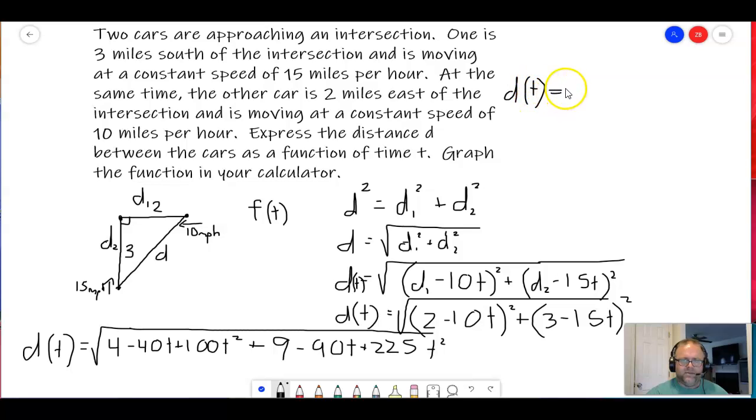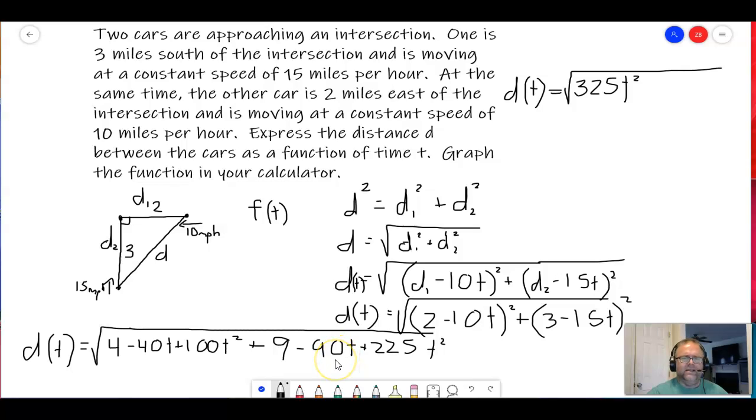So this is going to be equal to the square root of, so let's do the t squared terms first. So 100 and 225, that's 325t squared. And then for the t's, I've got a negative 40 and a negative 90.